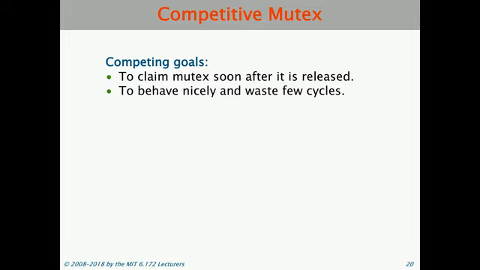Now, there's another kind of mutex that is kind of cool, which is called a competitive mutex. So think about it this way. I have competing goals. One is I want to get the mutex as quickly as possible after it's released. Right? If it's unlocked, I don't want to sit there for a really long time before I actually acquire it.